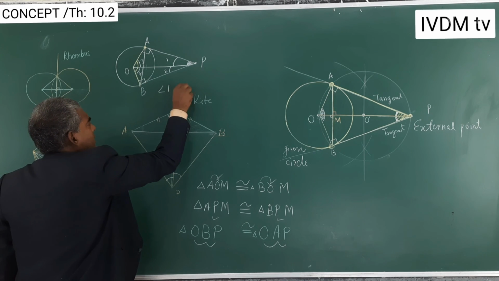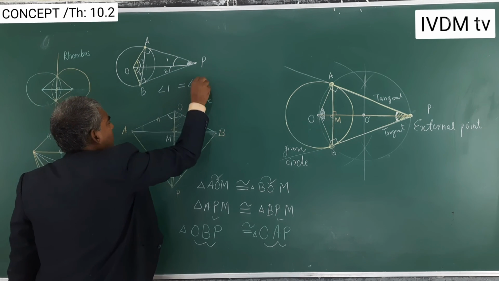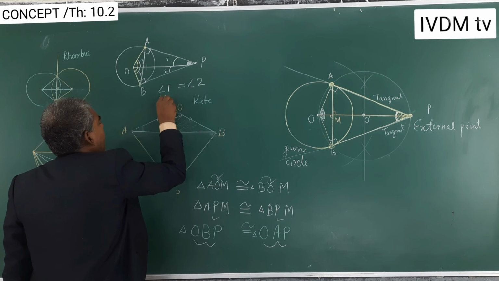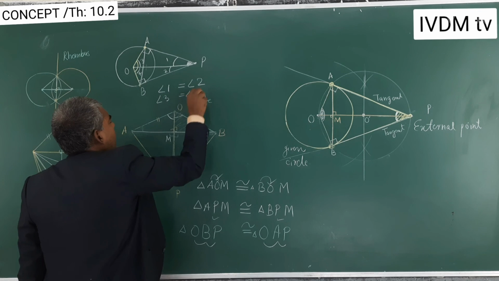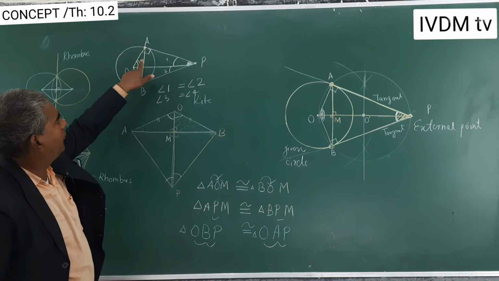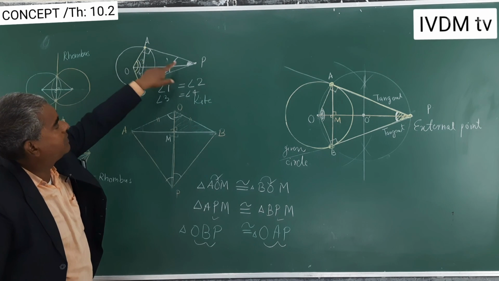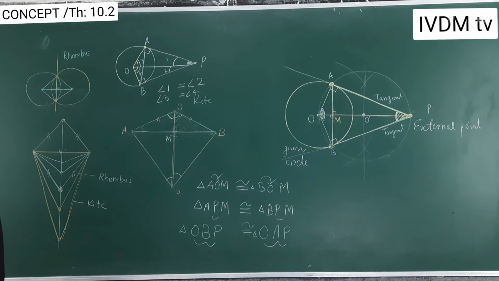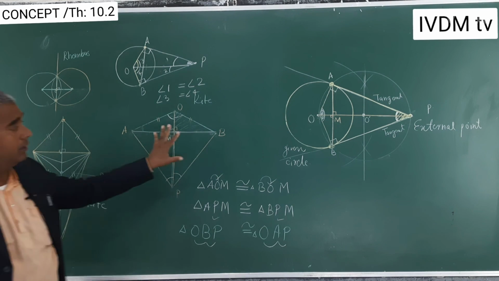At many places I will use this: angle 1 is equal to angle 2, and angle 3 is equal to angle 4. Angles 1 and 3 are not equal, but 1 and 2 are equal, meaning this angle is bisected. This is in many of your questions.